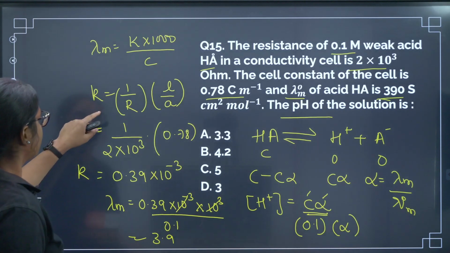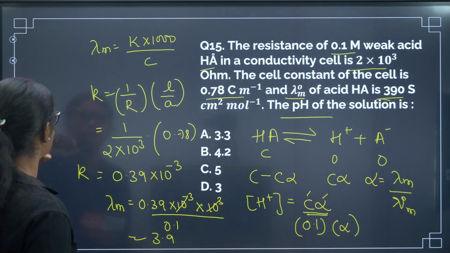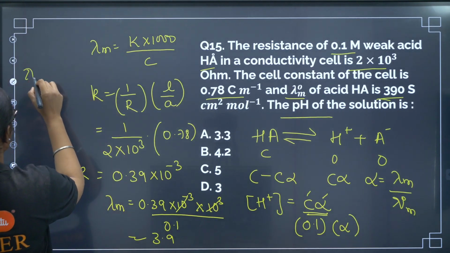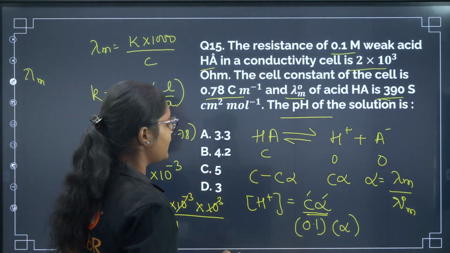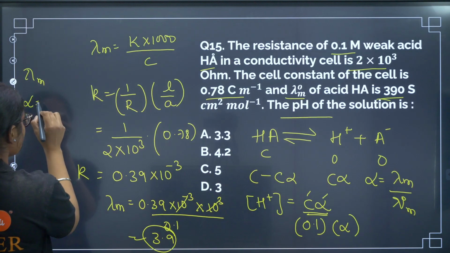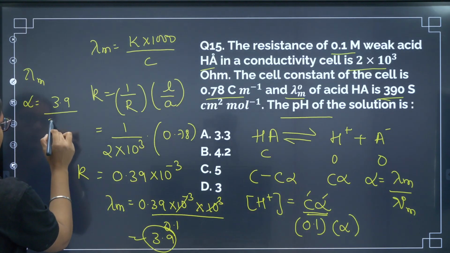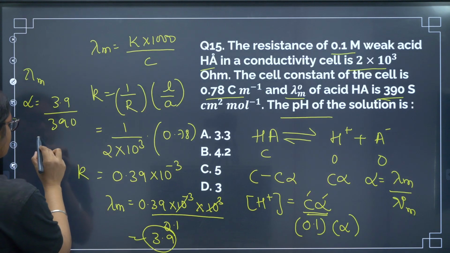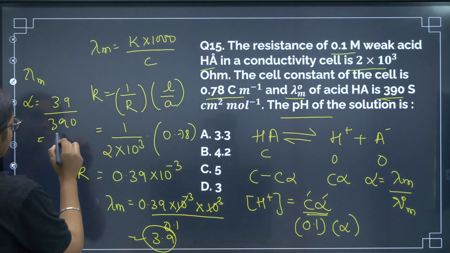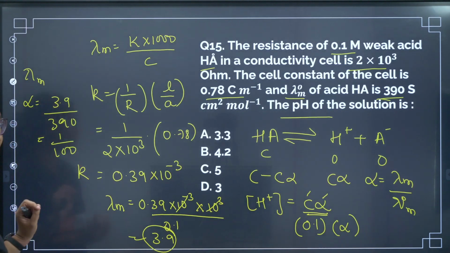After getting the kappa value, we substituted to find the lambda m value. Lambda m I found out is 3.9, right? Now find the alpha value. Alpha value will be 3.9 by 390. How much will it be? We will get 1 by 100. Alpha value is 1 by 100.